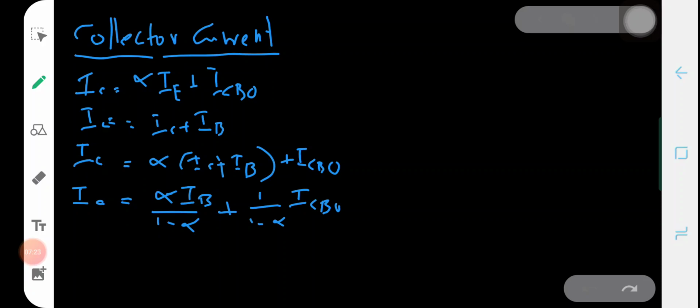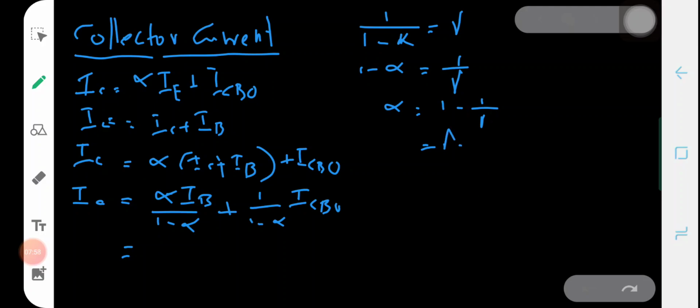or 1 by 1 minus alpha is gamma, so it is equal to, also we know that 1 divided by 1 minus alpha is equal to gamma, so alpha can be written as, or 1 minus alpha is 1 by gamma, so alpha will be equal to 1 minus 1 by gamma, which is equal to gamma minus 1 by gamma.